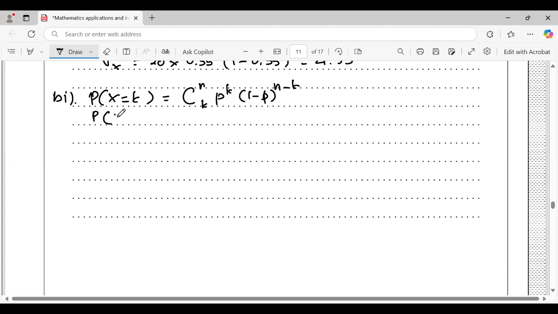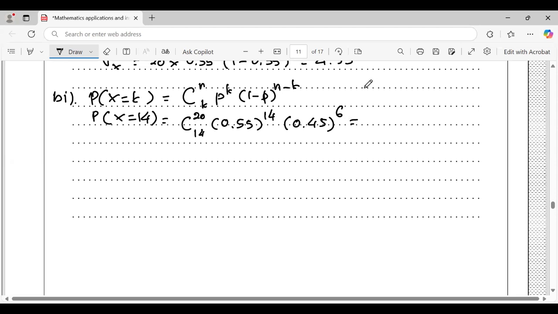So the probability x equals 14 is the combination of 20 students choose 14, times 0.55 to the power 14, times 1 minus 0.55, which is 0.45, to the power 6, because 20 minus 14 is 6.